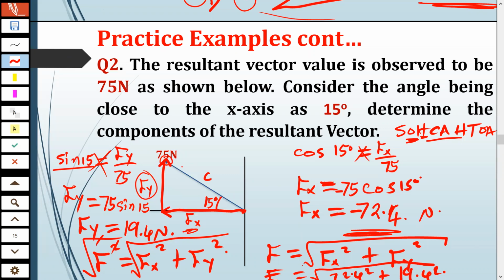To locate this position, we first go in this direction, which is the negative x. That's why I put a negative in front of 72.4. And then we're going towards the positive y. The y-axis is this one, so this is the positive y, this is the negative y. We are going towards the positive y, that's why this 19.4 is positive.